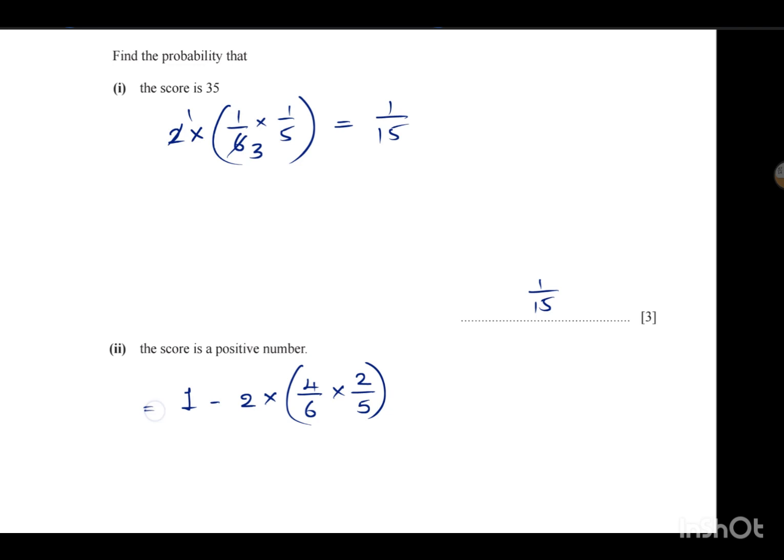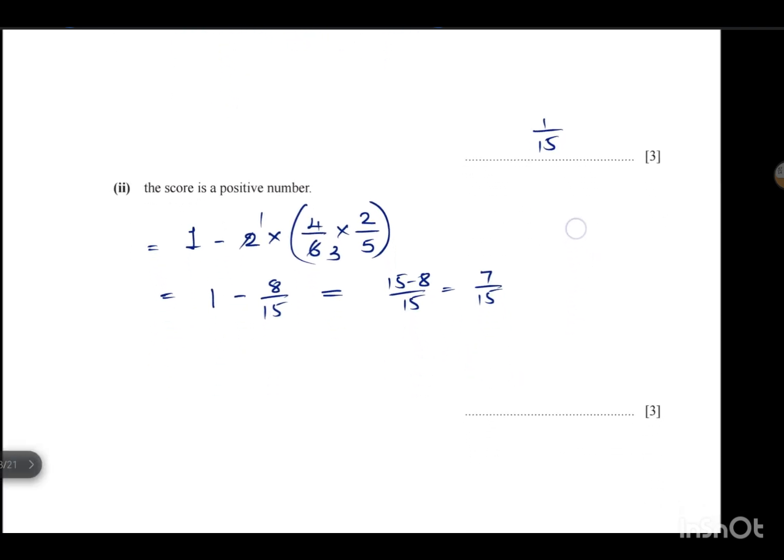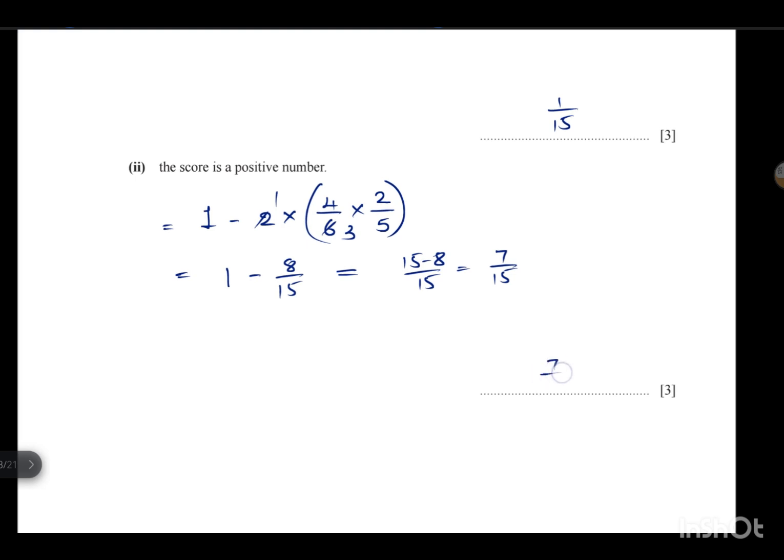Now you can calculate. 1 minus 2 times 4 over 6 times 2 over 5, you'll be left with 8 by 15. Then 15 minus 8 by 15 will be 7 by 15. This is the probability of getting the score as a positive number.